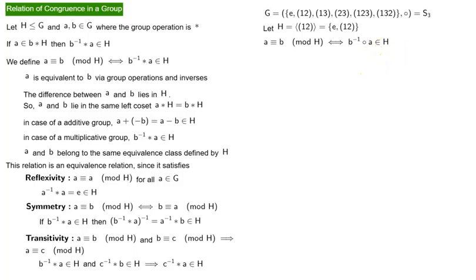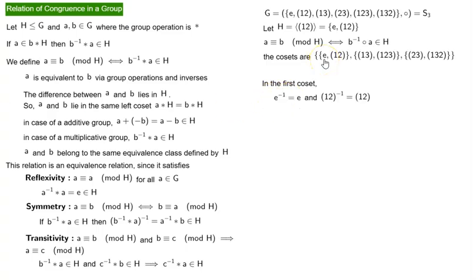So let's see how we can make sure that we understand what this means. The cosets of H in G, and we have already seen this, are {e, (1 2)}, {(1 3), (1 2 3)}, and {(2 3), (1 3 2)}. So we have 3 cosets. Let's see in the first coset what is happening. e inverse is e and (1 2) inverse is (1 2). This is just so that we can look at the next steps easily.